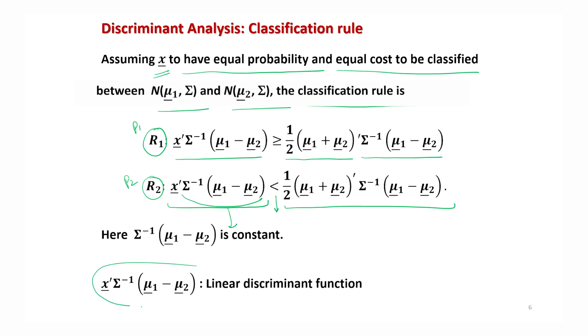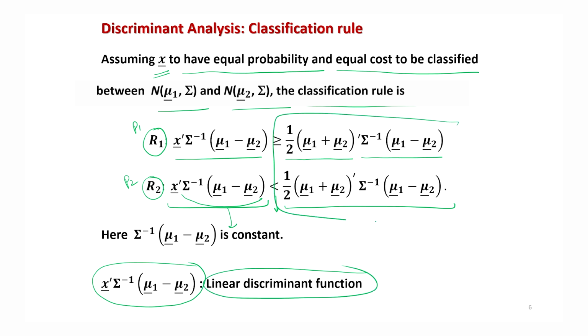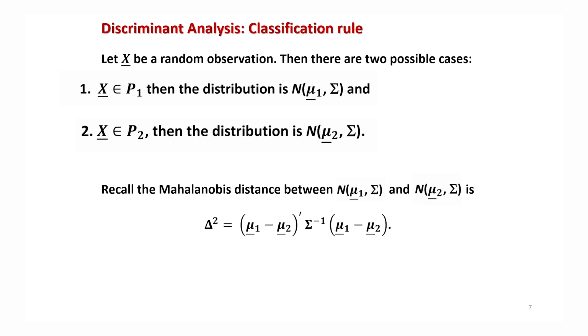You can see that sigma inverse (mu1 minus mu2) is constant. That is why x transpose sigma inverse (mu1 minus mu2) is called the linear discriminant function. The quantity on the right hand side is also a constant, assuming that mu1, mu2 and sigma are known. When they are unknown, we will replace them by suitable quantities obtained from the sample.